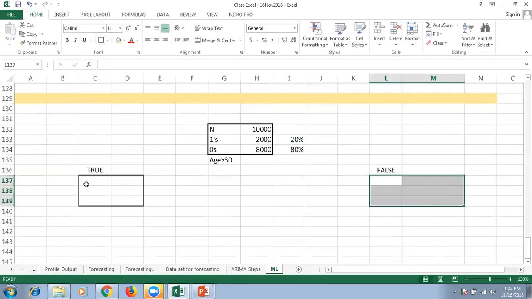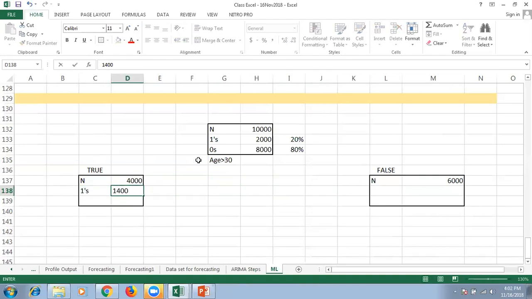What does that mean? With this condition satisfied, how many customers are there? There are 4,000 customers. With the opposite condition, how many customers will be there? 6,000 customers, because it's the opposite condition only. And in this 4,000, ones are 1,400.